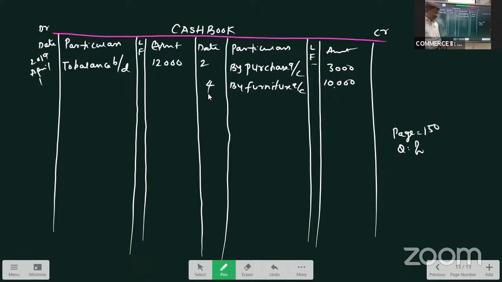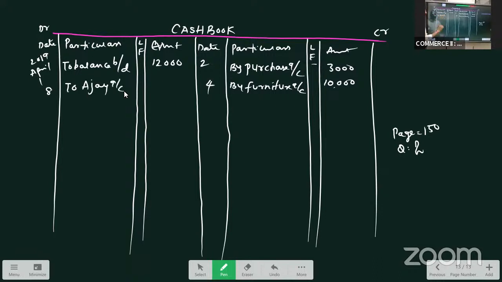When we are preparing cash book, we see how cash is affected. If there is an inflow, take it on the debit side. If there is an outflow, take it on the credit side. Then 8, cash received from Ajay. Business is receiving cash from Ajay, so it's an inflow, a receipt.